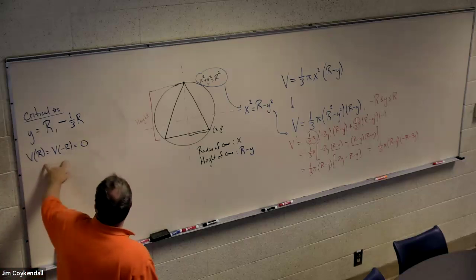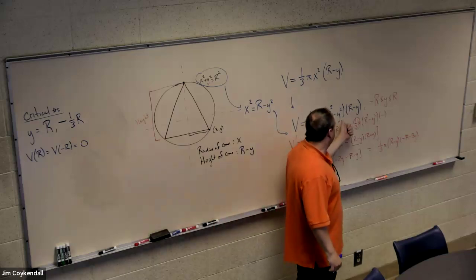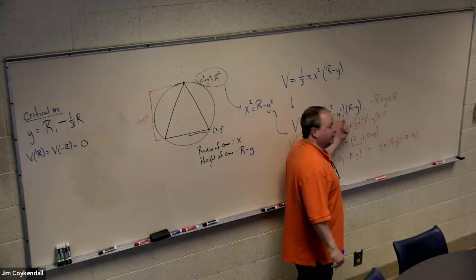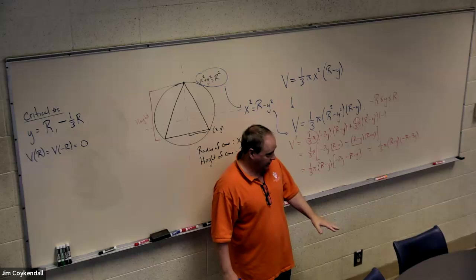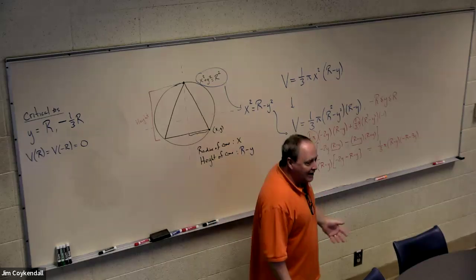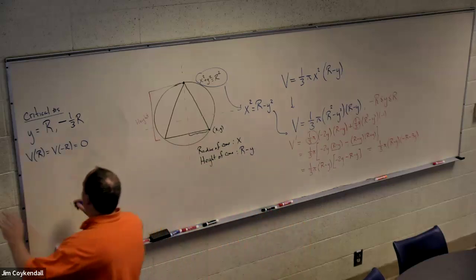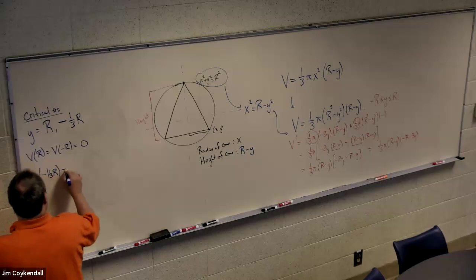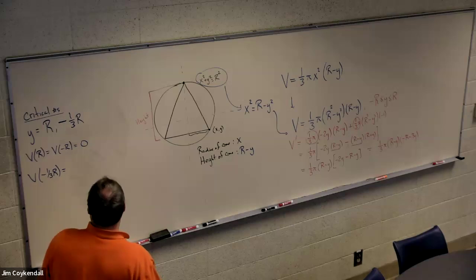So there's the endpoints, one of them. And of course, notice, look at the volume formula. You plug in y equals either plus or minus R, this term gets zero. So I know what's going to happen, right? If this gives me anything other than zero, it's a max or a min.